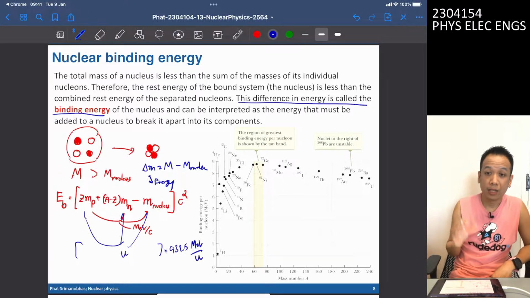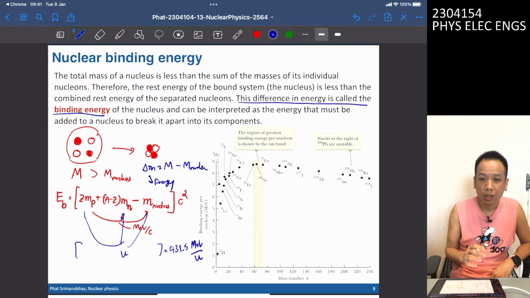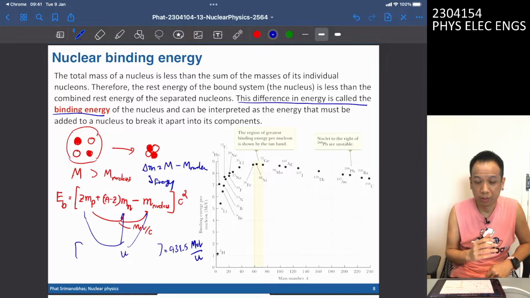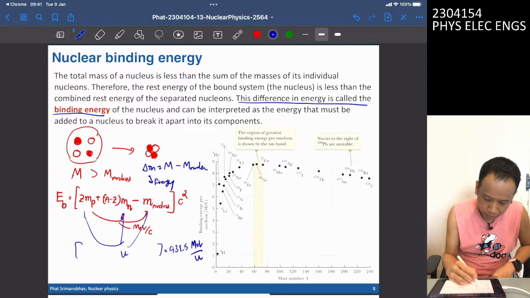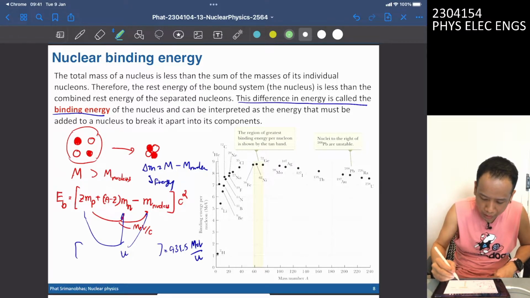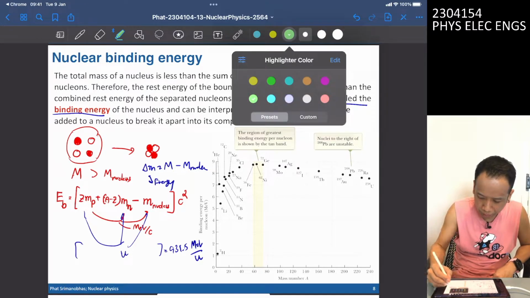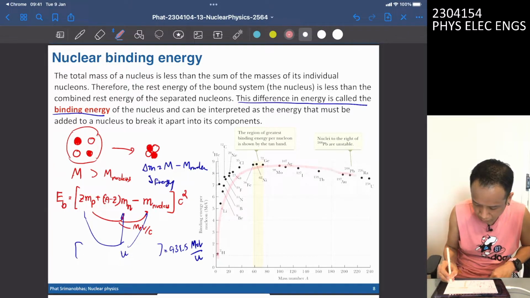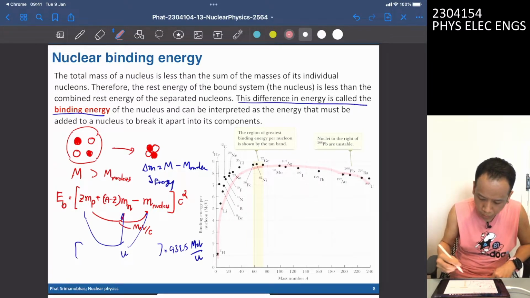Okay, and this is really a key point of what we're going to learn at the end about fission and fusion. But first, before we go to that, let's look at the trend of the binding energy. Okay, so there is a trend of the binding energy per nucleon.